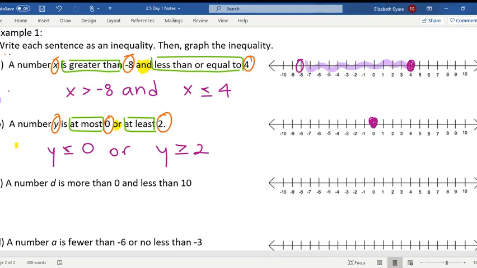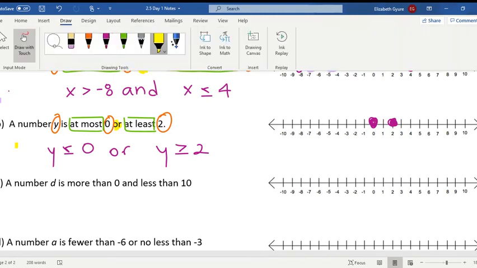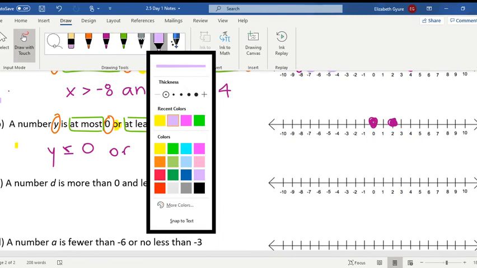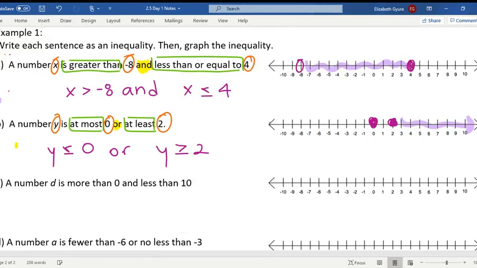Closed, very good. And this is an OR inequality. So, ladies and gentlemen, if it's an OR, do we shade in the middle or on the outsides? Outside with your arrows. Okay.